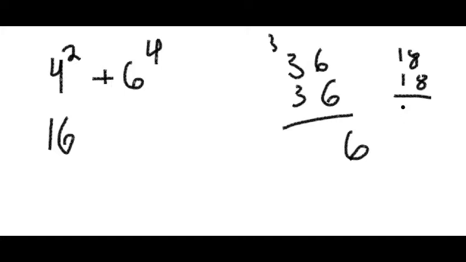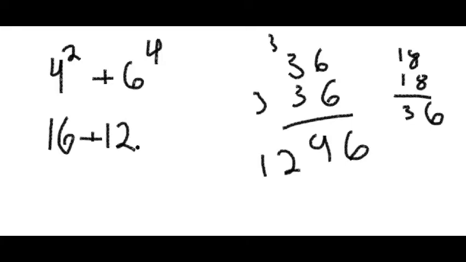We have 16, 10, 36. 3 times 3 is 9. 9 plus 3 is what? 12. Okay, so the answer is 1296, alright? So 16 plus 1296, and that will give you your answer.